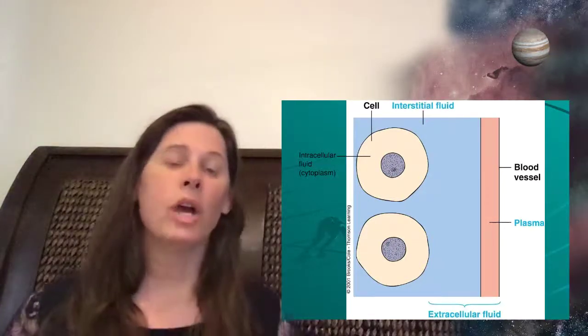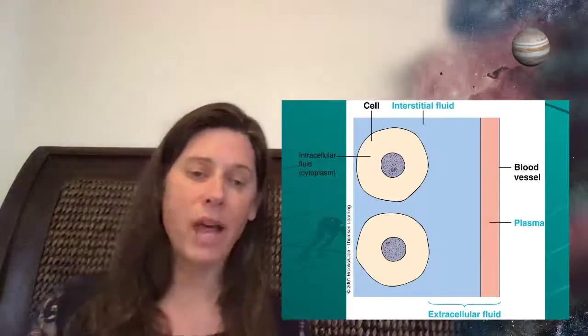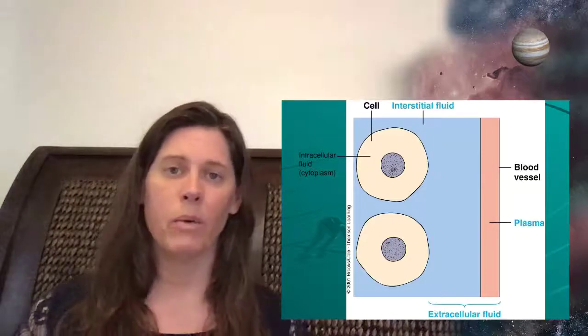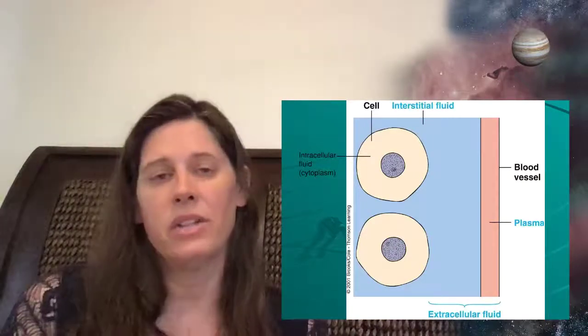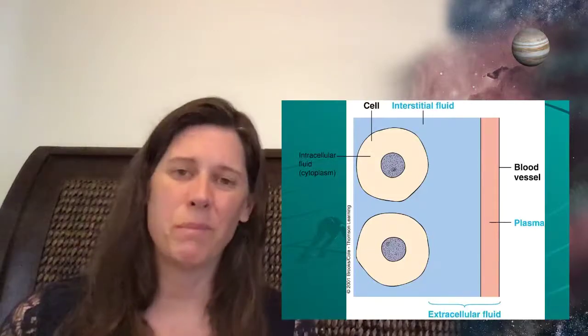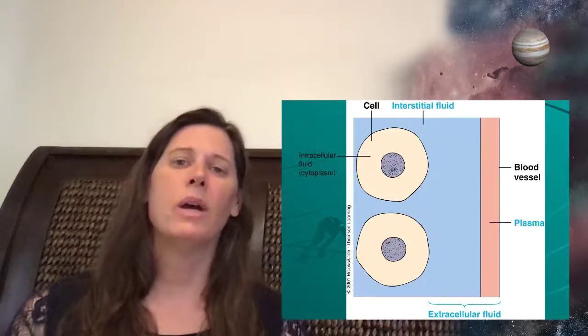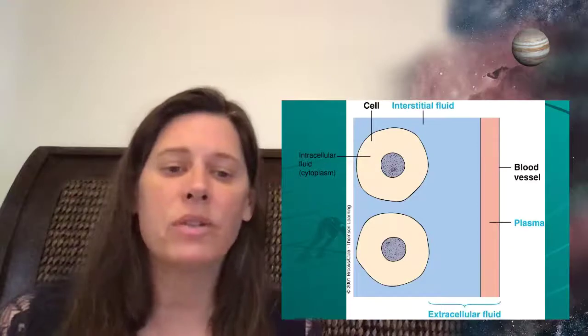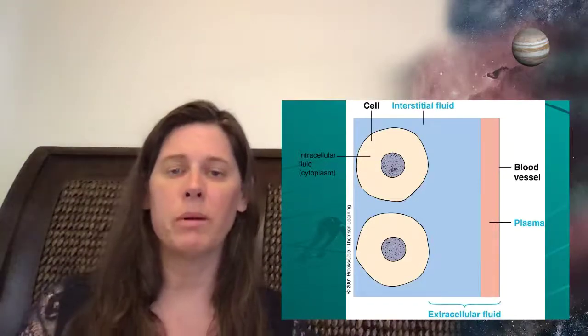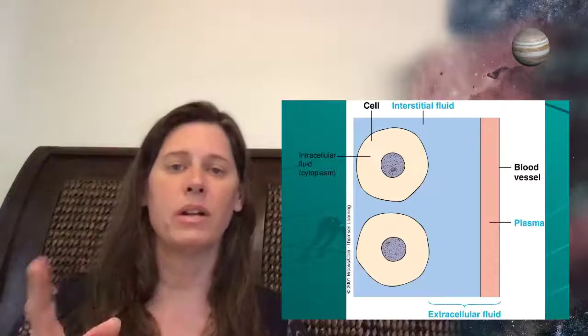Okay, so you're sitting there going, well, if I talk about ECF, how do I know if we're talking about interstitial fluid or plasma? Well, physiologists, biologists, when we want to talk about plasma, we say plasma. Okay. If we say extracellular fluid, ECF, or we say interstitial fluid, we mean one or the other.